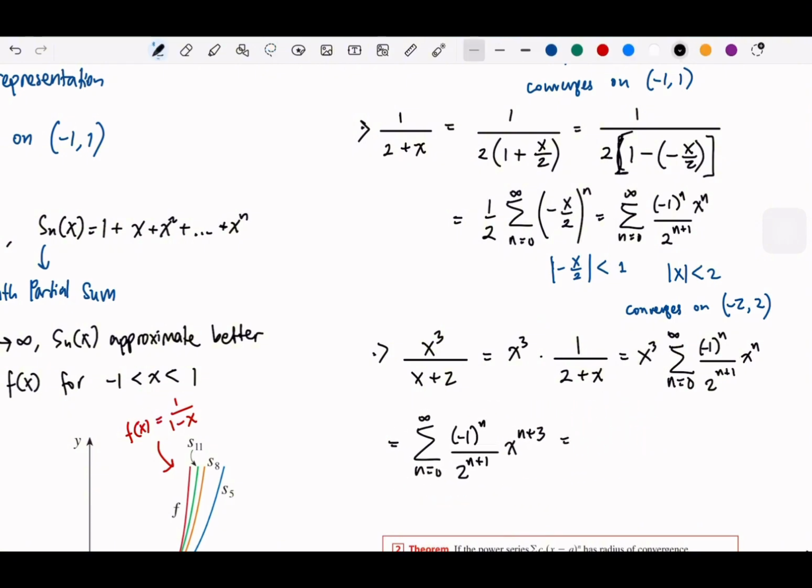So we can write this as n starting from 3, and then since it's 3, I will minus 3 for the x^n, and then this will also be minus 3, which is minus 2.